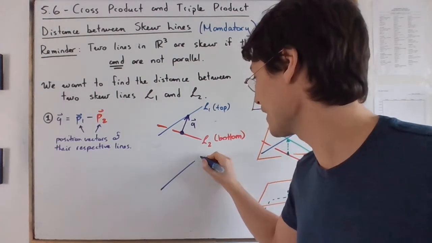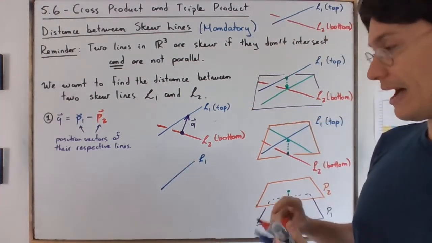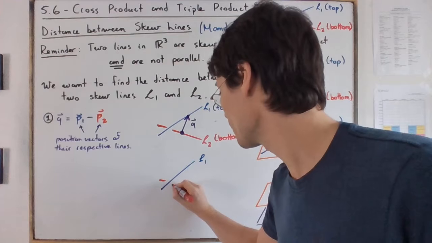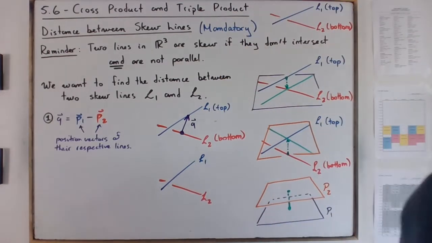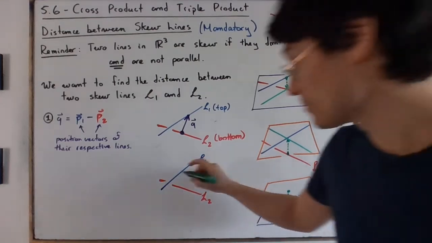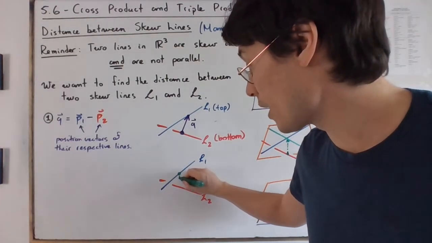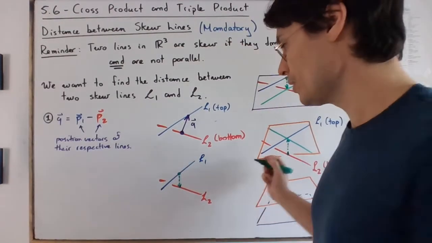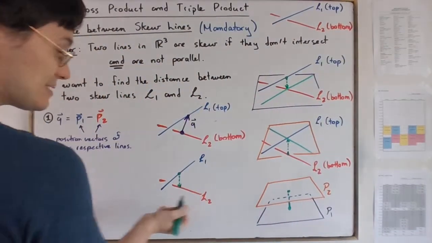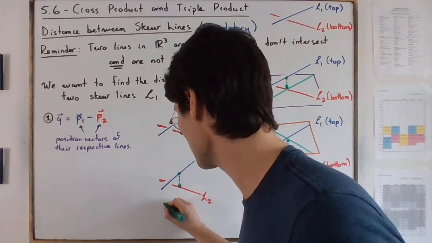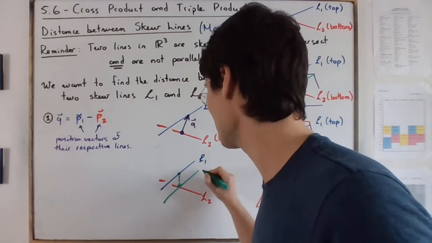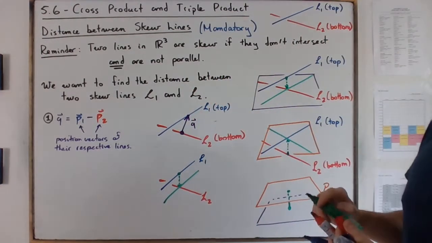You have L1, then you have L2, and remember what I did was that I dropped this L1 on L2. It's not guaranteed that this is the shortest distance, but let's suppose that it is, just to make the idea a little bit clearer.